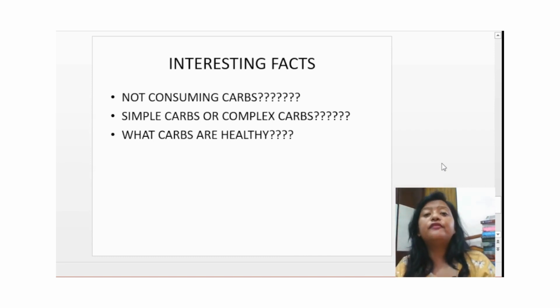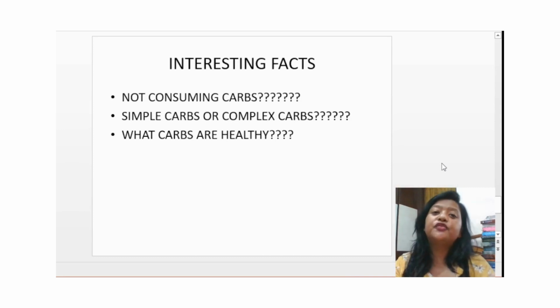Also, you will feel as if you are filled. You do not need to eat too much. You will not have too much craving for sugar or carbohydrates. If you consume complex carbohydrates, they will also provide you dietary fiber. So now you know what to choose.